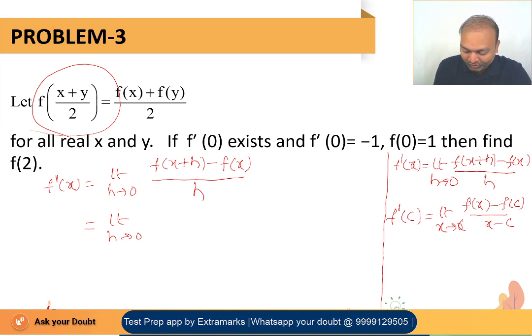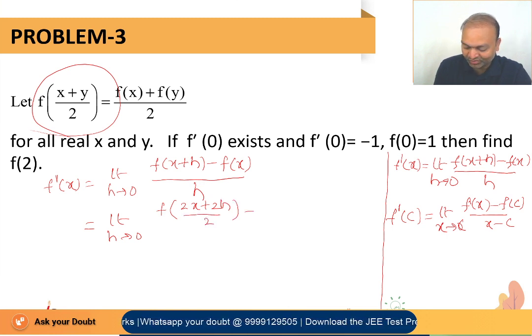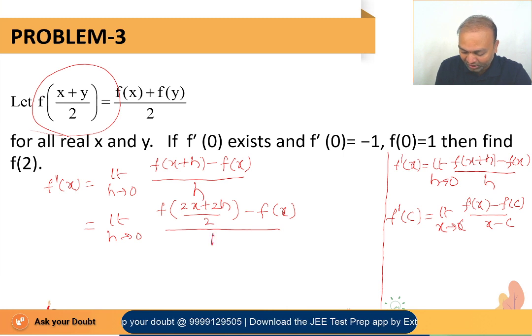So f of (2x plus 2h) by 2 minus f of x, whole divided by h, that is equal to limit h tends to 0.